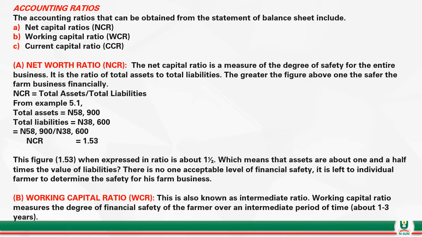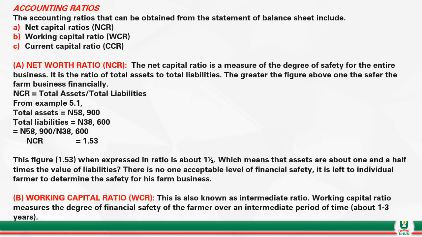It is a ratio of total assets to liability. The greater the figure above 1, the safer the farm business financially. So let's see it still using the above example. Let's calculate our net capital ratio. Net capital ratio, NCR, is equal to total assets over total liability.